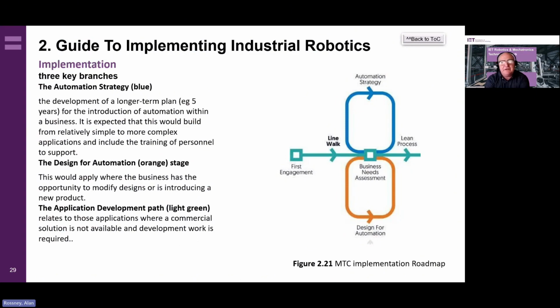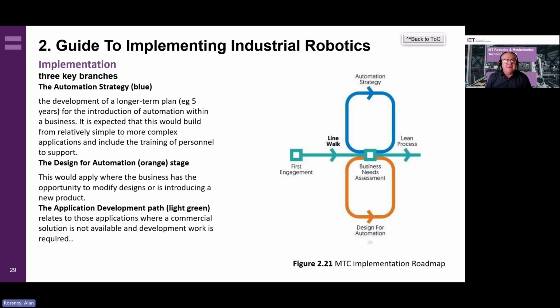Small modifications to the design can make the application of automation much simpler and less costly. Given the opportunity, it's very worthwhile investing a little bit of effort in design of the product to suit automation. So as much as there's DFX, design for manufacture, design for test, design for procurement, design for assembly, design for automation is also something to consider.